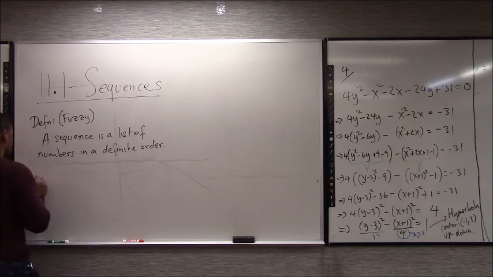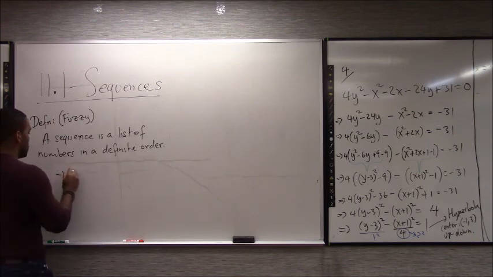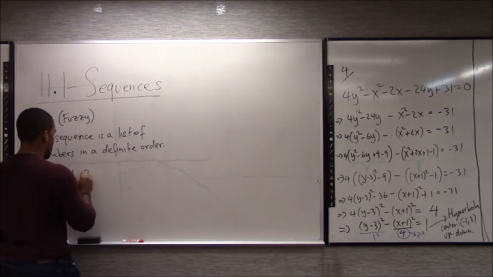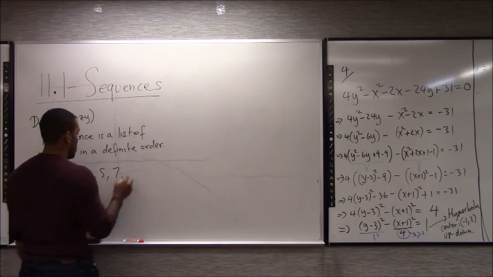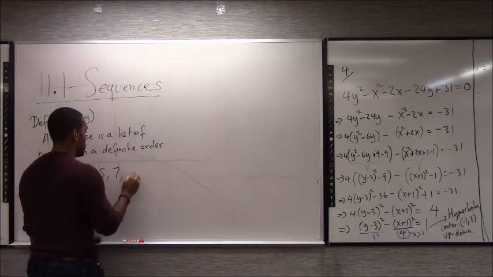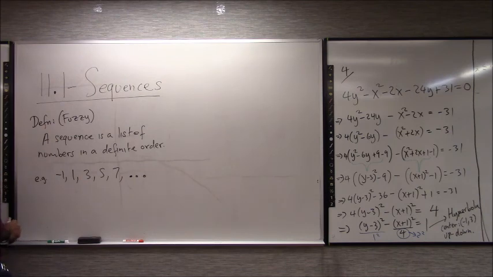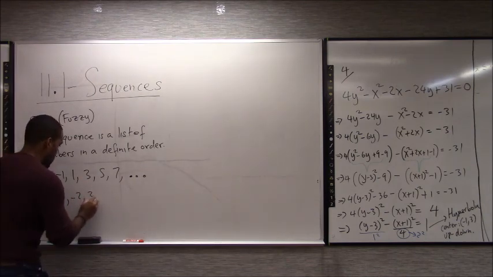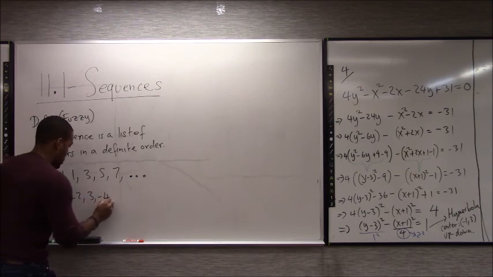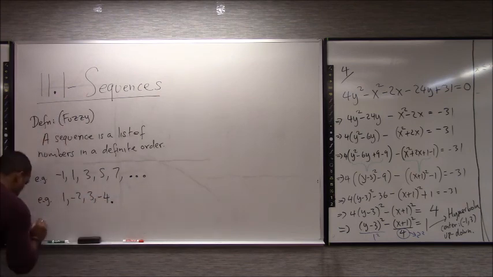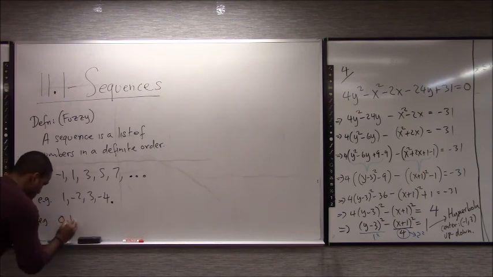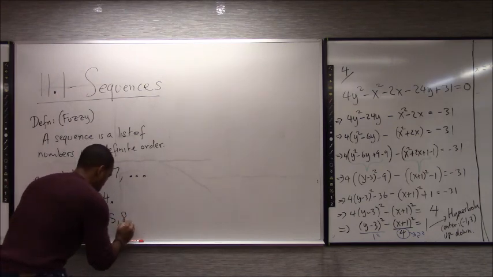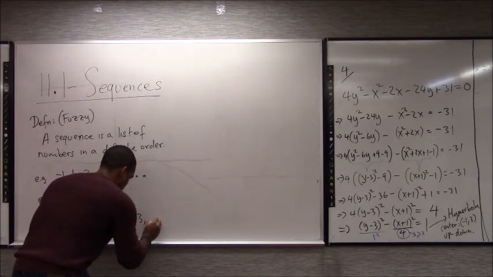So we can have a list here: -1, 1, 7, dot, dot, dot. Or I can have 1, -2, 3, -4, period. Or I can have something like this, right?